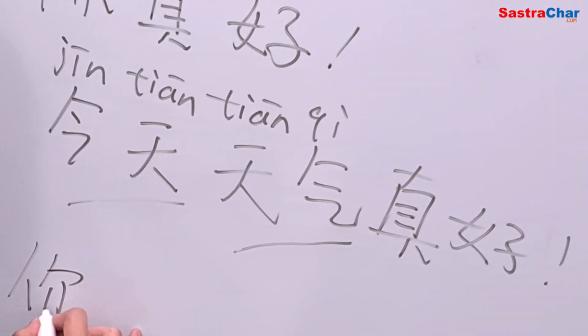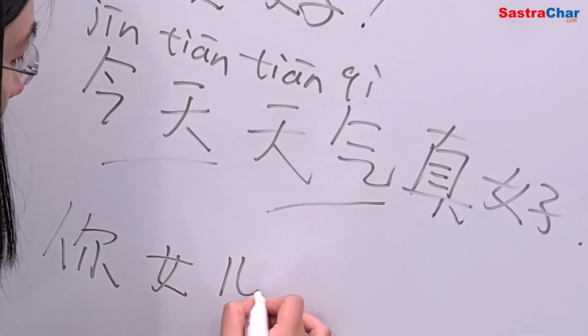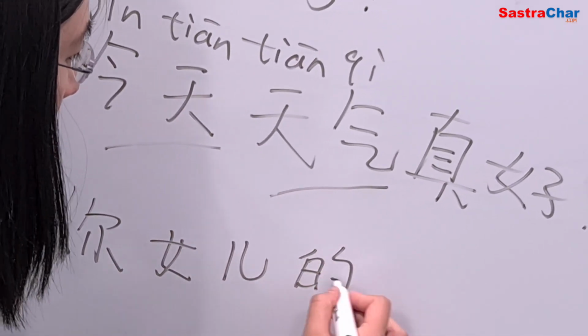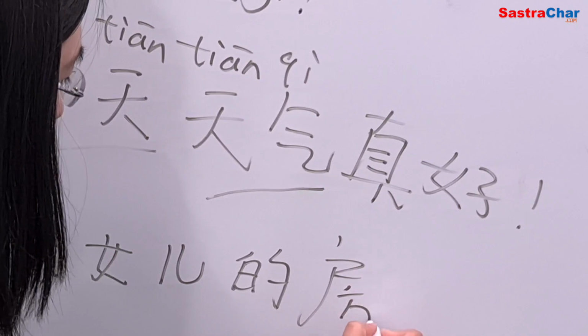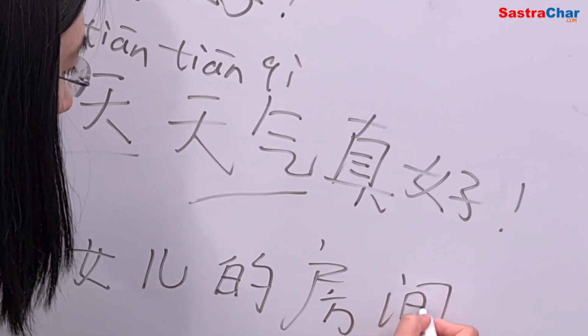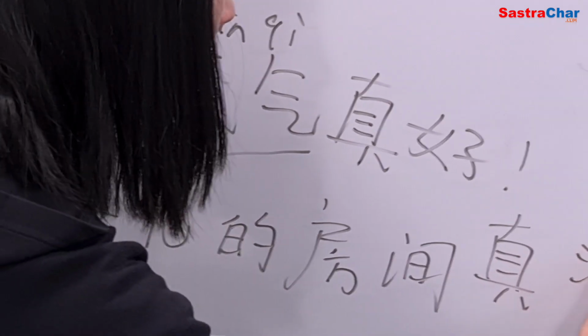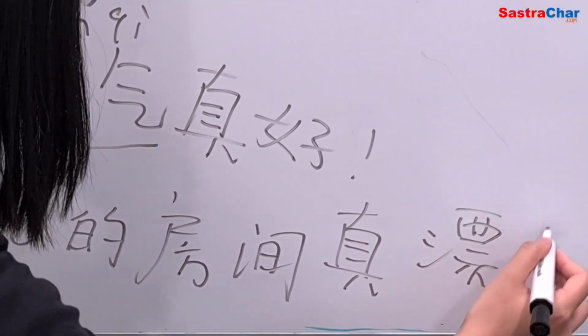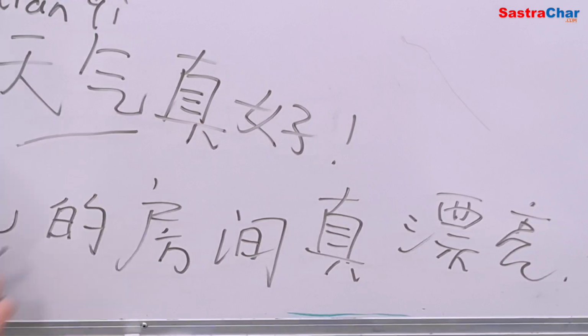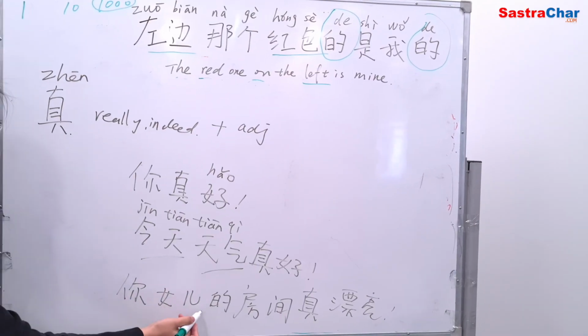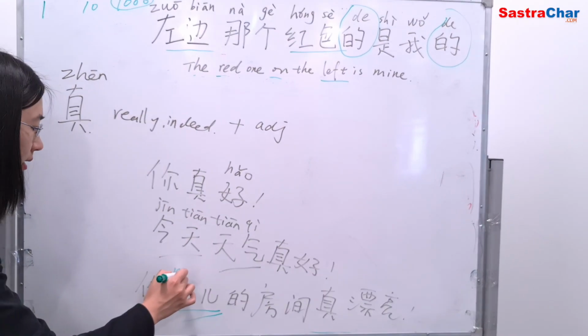你女儿的房间. Yeah, here comes our new word. 真漂亮. Okay. So here, 你女儿, who is 女儿?